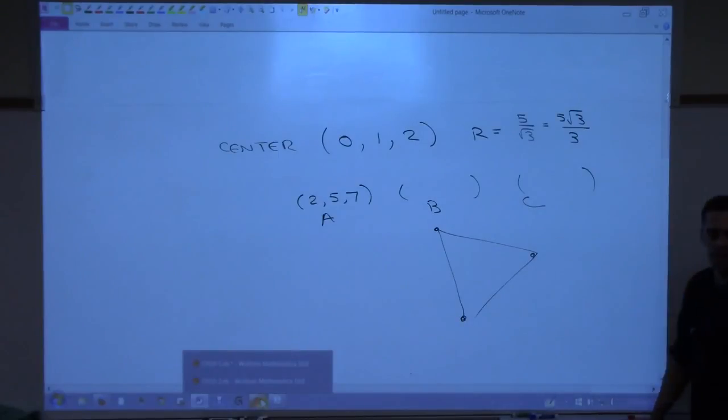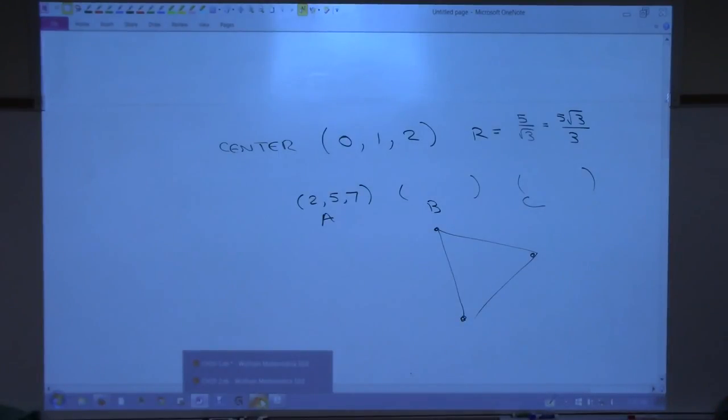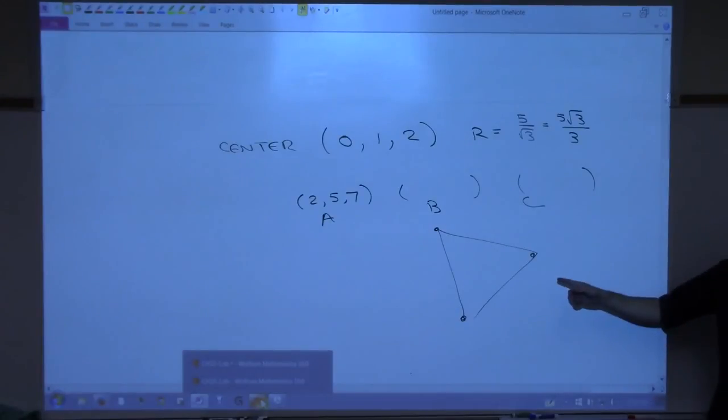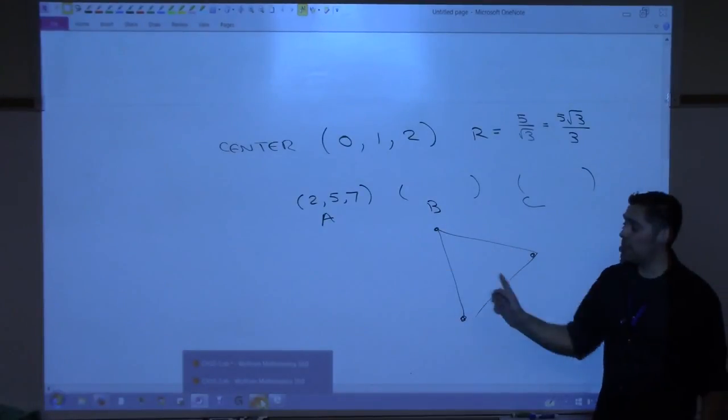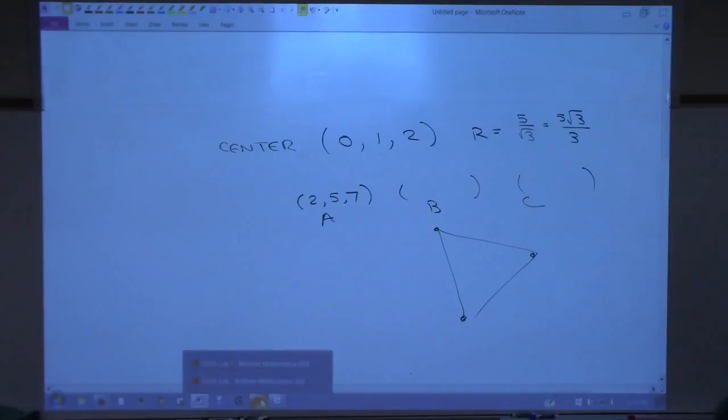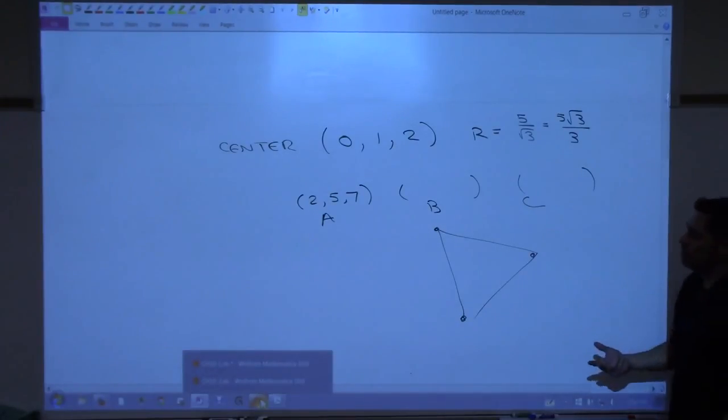Is that a right triangle? How would you determine if that's a right triangle? What's that? If they were all the same, it would be an equilateral triangle, wouldn't it? Right? 2 points would have to be on the same plane?